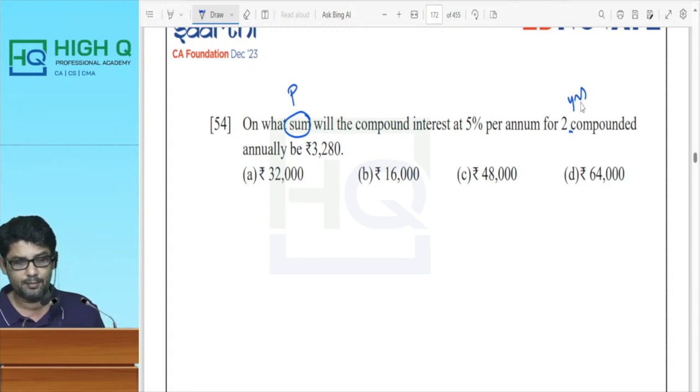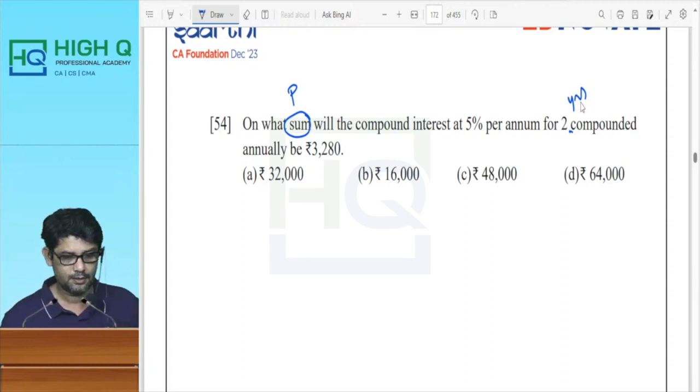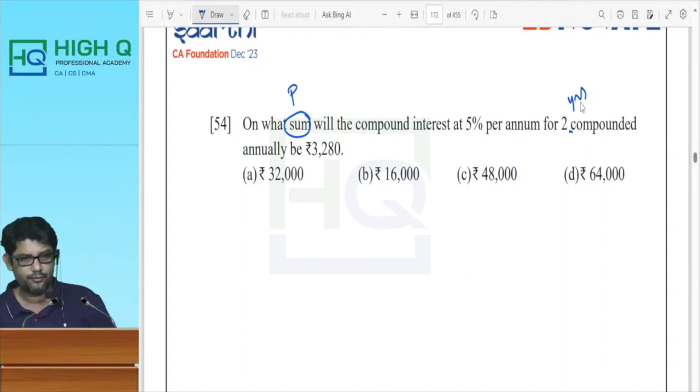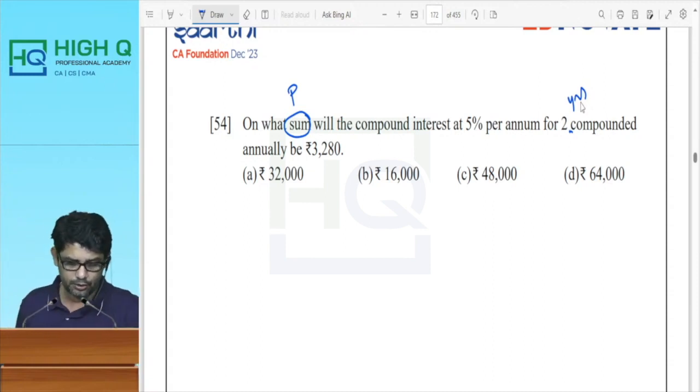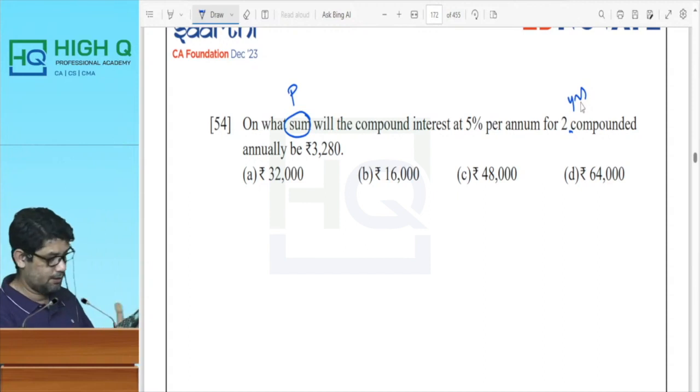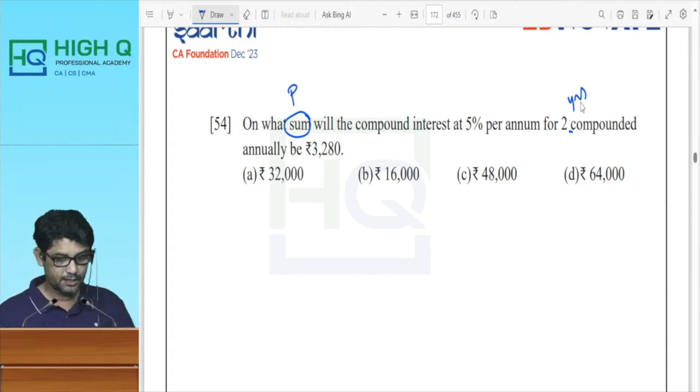Use trial and error method. Is it the first method, my dear? Yesterday it happened, no? Yes, use 32,000 plus 5% minus 32,000, 3280.